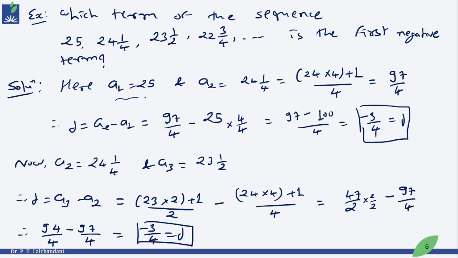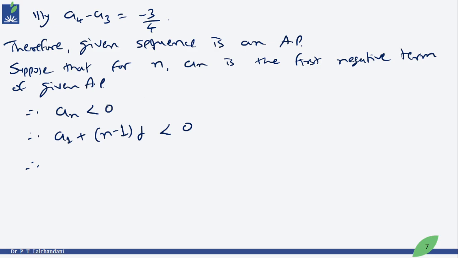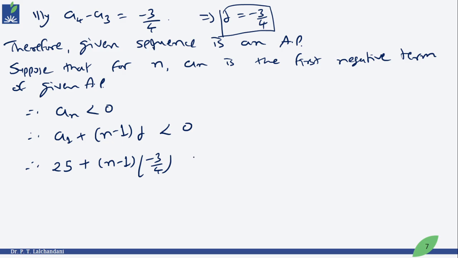Here we have mentioned that A1 is 25 and D is nothing but minus 3 by 4. So A1, that is 25, plus n minus 1 times D, and D is minus 3 by 4. Just now we have mentioned that. Let us mention here also. This implies that D is equal to minus 3 by 4. So this is less than 0, this term as it is.